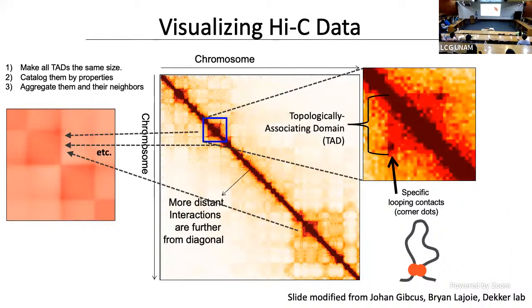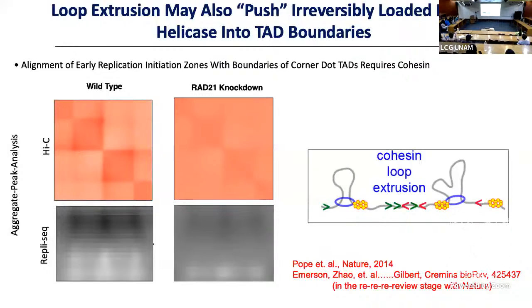When we align those piled up dot domain TADs to our 16 fraction repli-seq that's also piled up, what aligns with the boundaries of these TADs is the very earliest initiation zones, the very earliest regions to initiate.